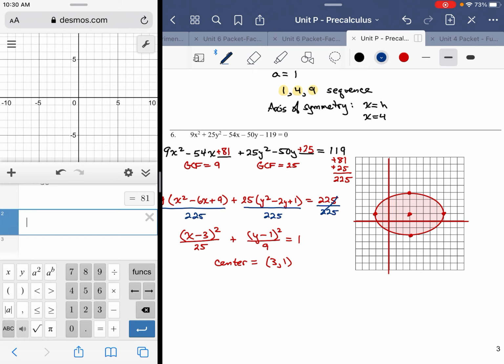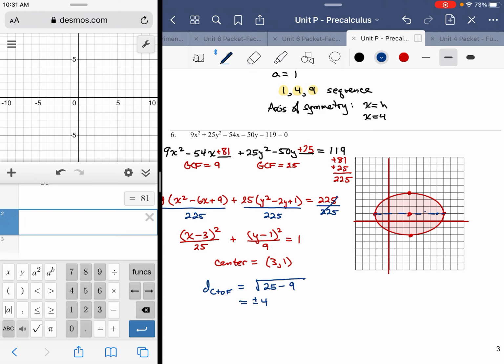Now I just need my foci. The foci are going to be along the major axis, so along there somewhere, and we talked about the distance from center to focus as being the square root of the difference between those two denominators, and we talked about the reason why. 25 minus 9 is 16, so we're talking about 4, plus or minus.